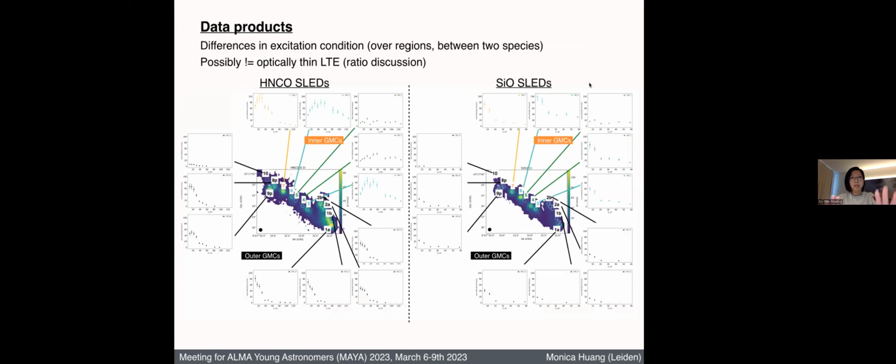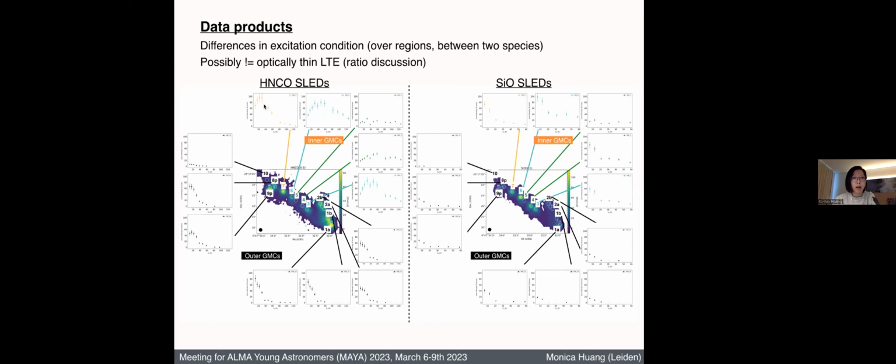So this is my one-slide effort in summarizing what we have in terms of data products. On the left-hand side, we have all the HNCO transitions sampled from individual GMC regions across the central molecular zone of this starburst galaxy. Each little mini plot here is the HNCO transition ladder, basically.